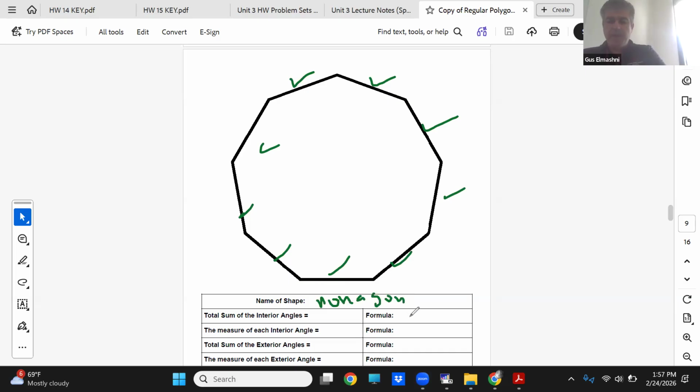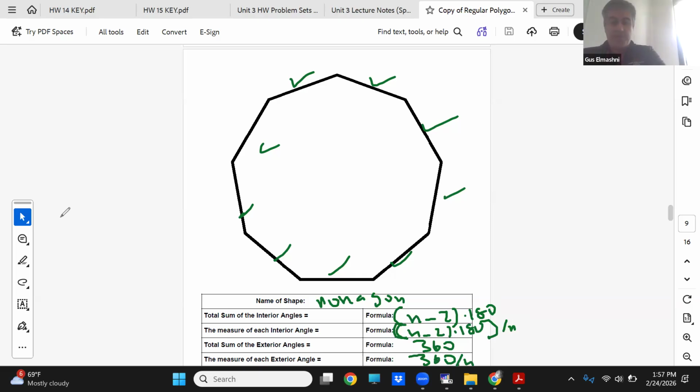The total sum of the interior angles: I know my formula is n minus 2 times 180, so I need to work that out. The measure of each interior angle is n minus 2 times 180, with a giant bracket, all over n. The exterior angle sum is always 360. The measure of each exterior angle is 360 over n.